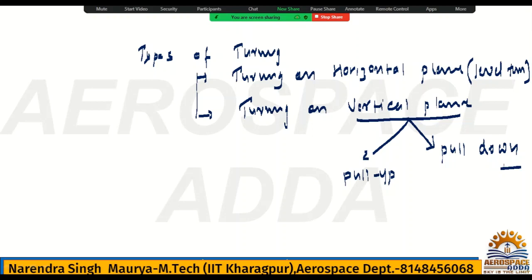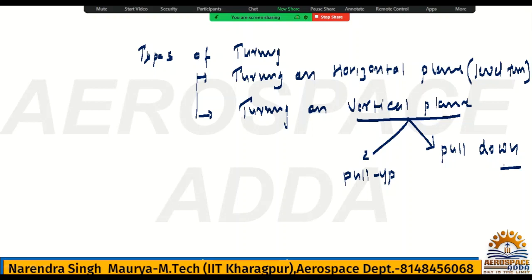This is very important. In fact, vertical plane turning is also very important. Vertical plane turning is better called pull up, pull down, because turning on vertical plane is a lengthy name. Okay, fine. So what is our focus? Our focus is turning on horizontal plane.